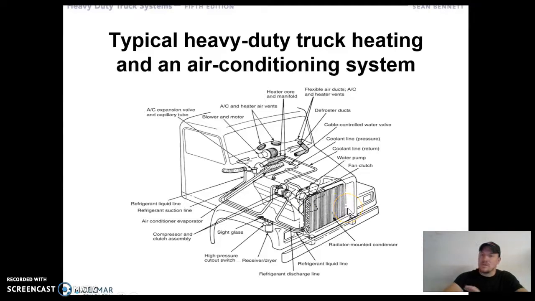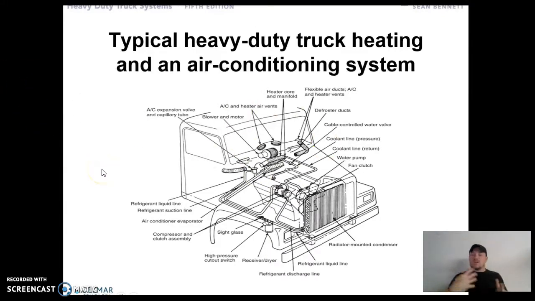We have a state of change from vapor to a liquid. That liquid is still under high pressure, goes through the receiver dryer and back to the expansion valve, and it repeats the process over and over. But that's pretty much the gist of it.